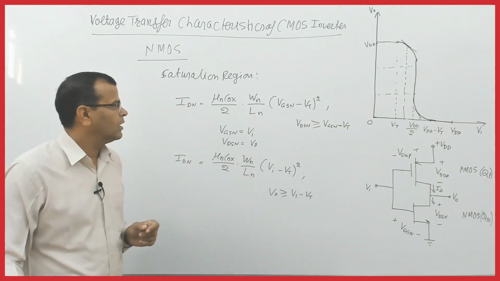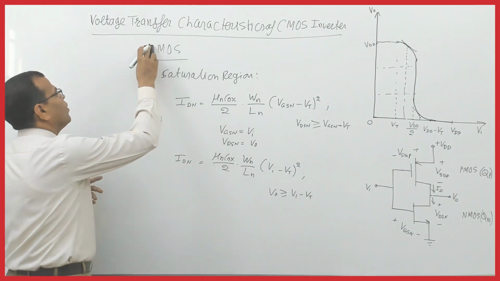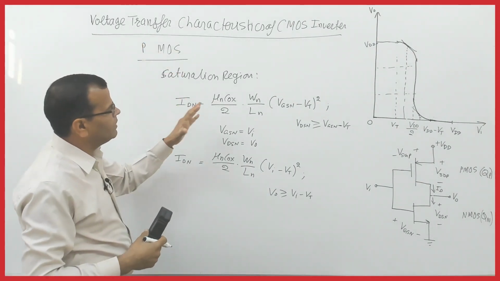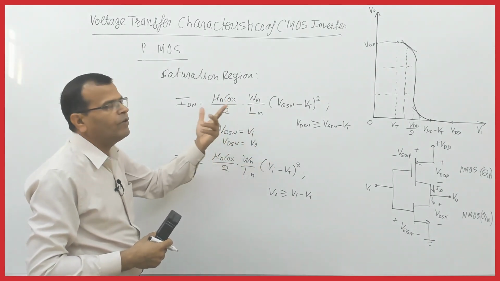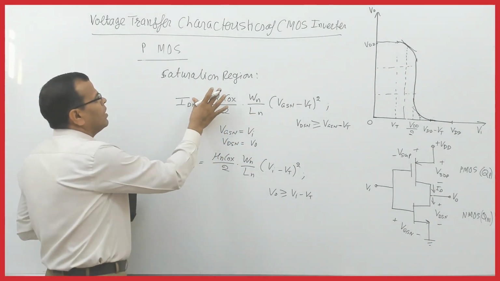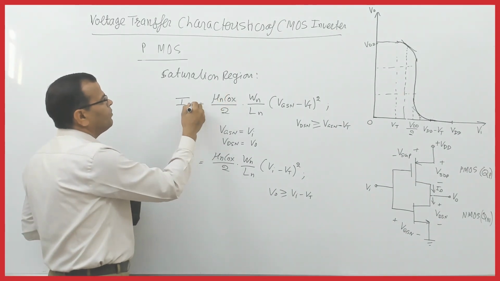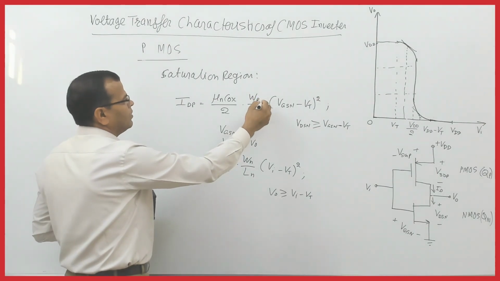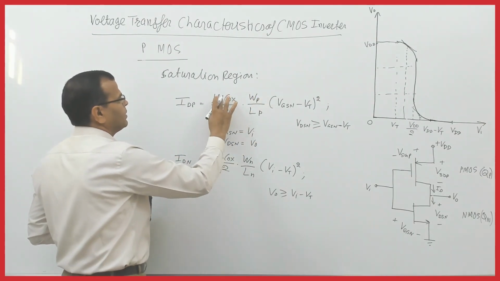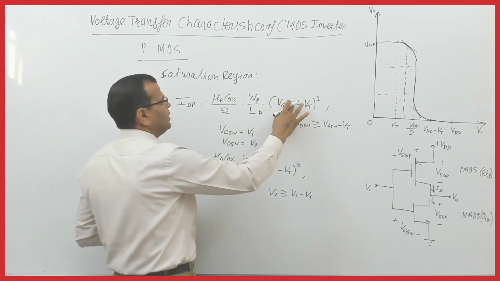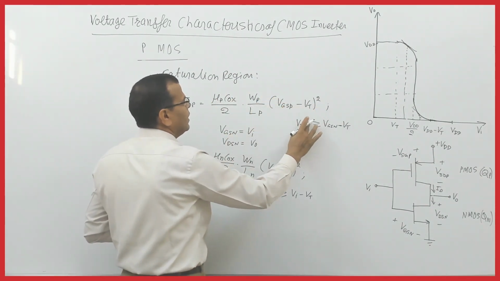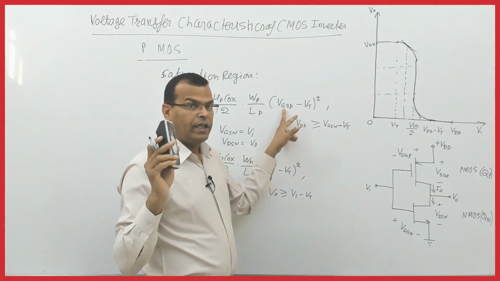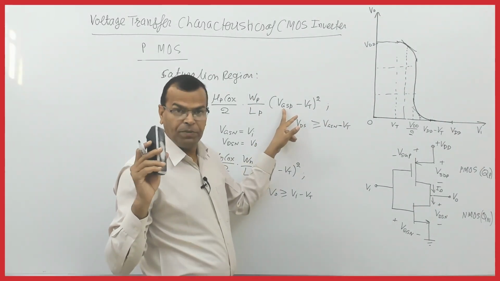Now we will see the conditions for PMOS. Now I will be going in a reverse way, because I have already written, so there won't be a need of repetition. You know, for saturation region, the current of PMOS is what? Expression is similar. The only thing is put subscript P here, here, here, and here. But remember, VGS is negative for PMOS.